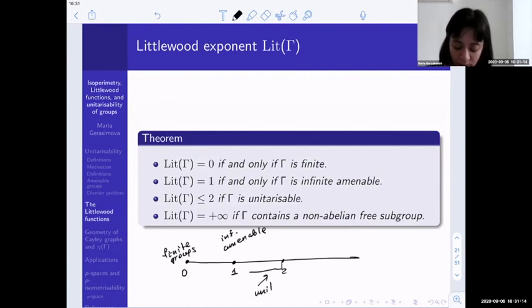But I should repeat again that non-unitarizable groups can also have Littlewood exponent between 1 and 2, so we don't know. And here we have free groups, let me write, groups with free subgroups.